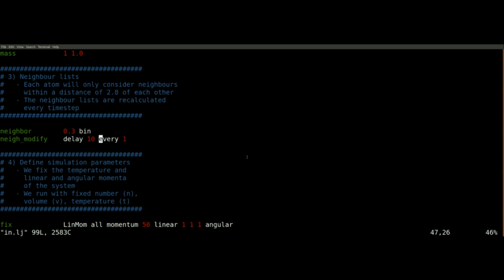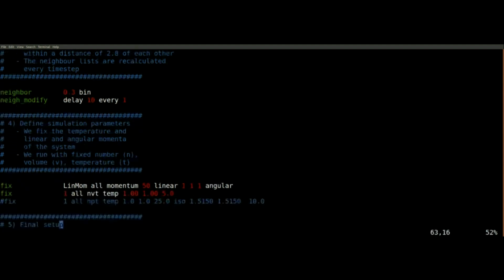Now we're going to look at how you tell LAMMPS what you need to do. How do you tell LAMMPS, I want you to run this simulation for this amount of time, I want you to output this information, I want you to run with these parameters fixed, etc. This is what the second half of the session is going to be about.